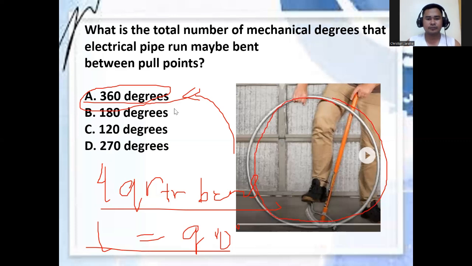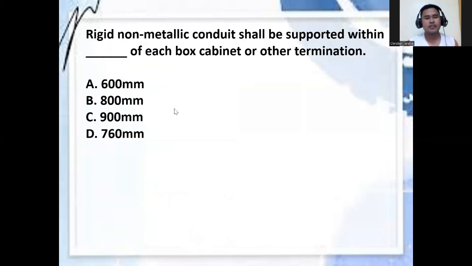Alright, next tayo. This one. Sir, daming argument dito, no? Daming argument dito kasi medyo may erroneous na matter sa tanong, no? A rigid non-metallic conduit shall be supported within blank of each box, cabinet, or other termination. So what is meant by here?